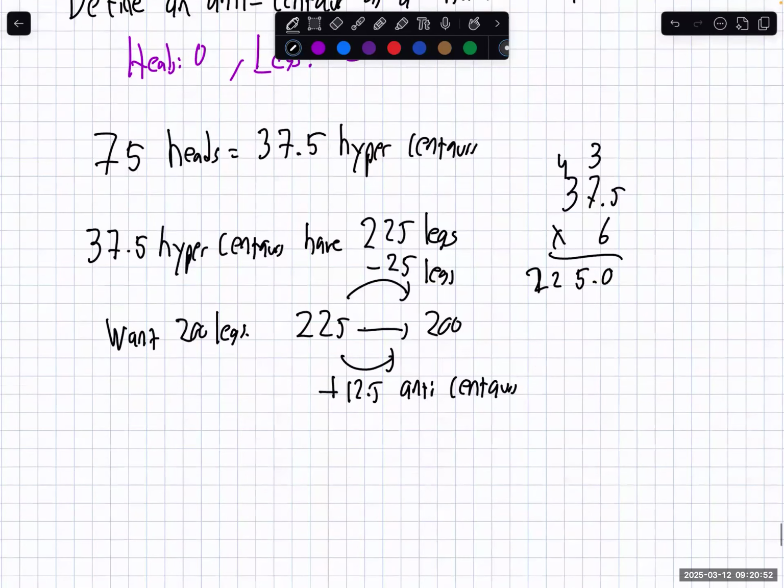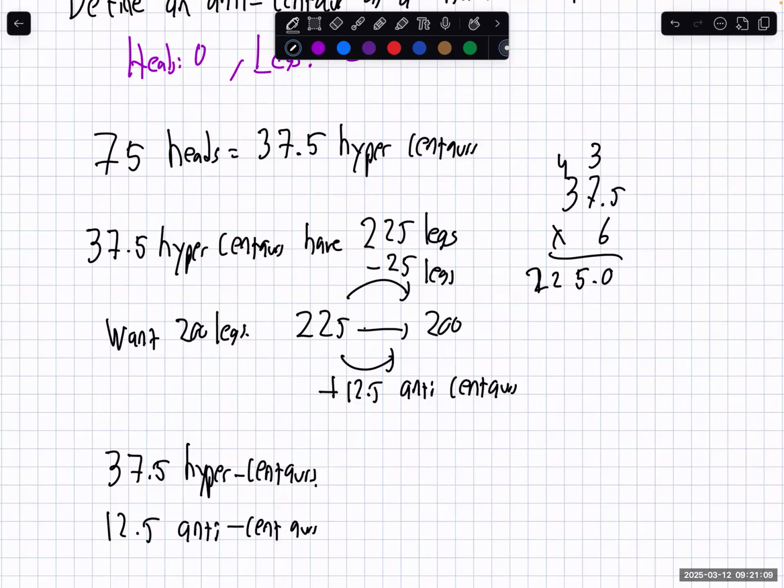So we have 37.5 hypercentaurs and 12.5 anti-centaurs.